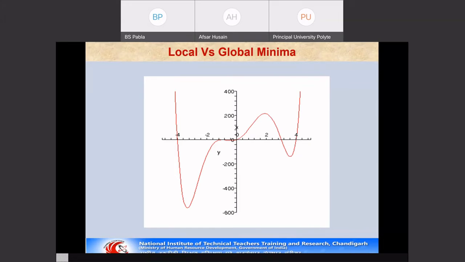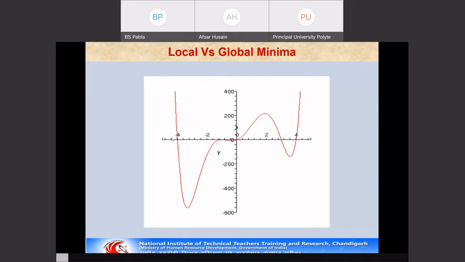But if I, let's say, expand my range, let's say I don't want to work between -4 and 4. I want to work between 0 and 4, or 0 and 6.5. Then this becomes my global minima, local as well as global.